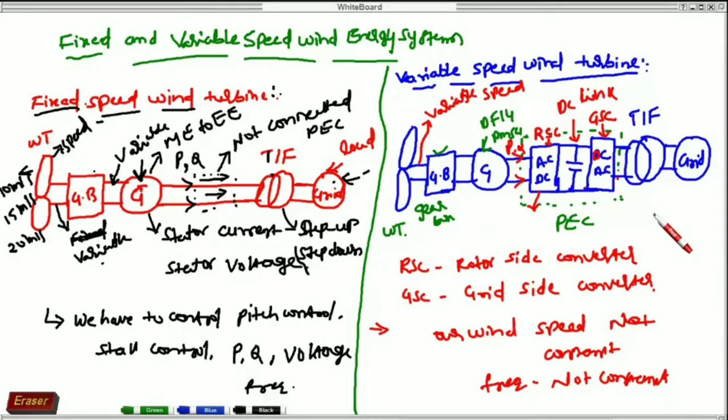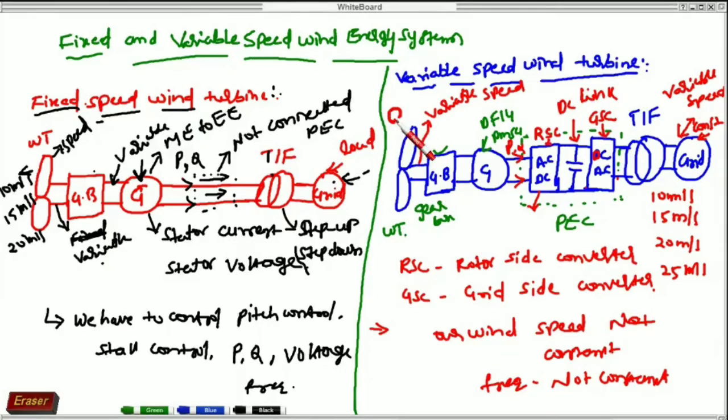Our wind speed may be 15 meters per second, 20, 25 or 10 meters per second. But the grid will not take variable speed. It will take only constant speed. Because we are using a wind turbine, it will be rotating the turbines.